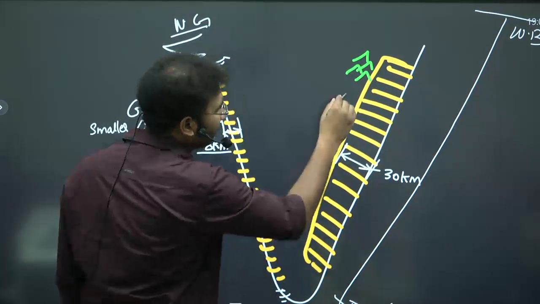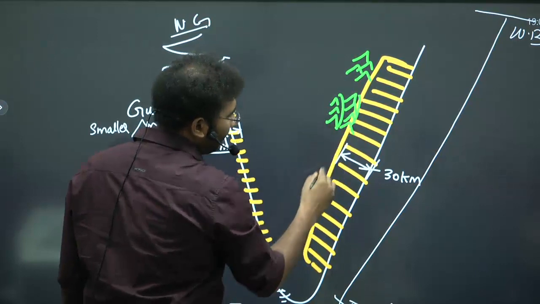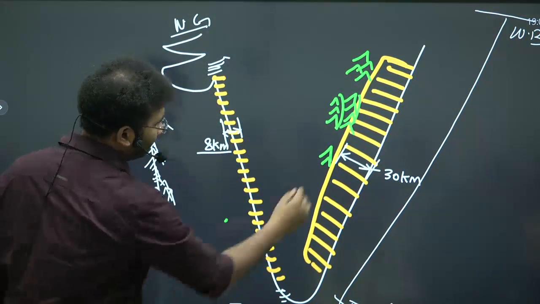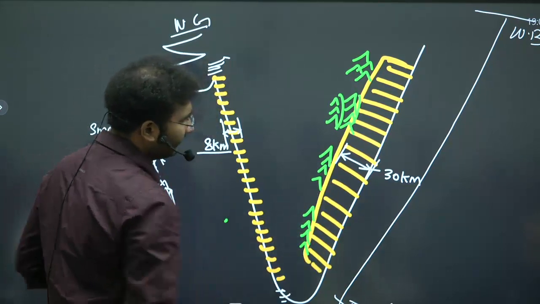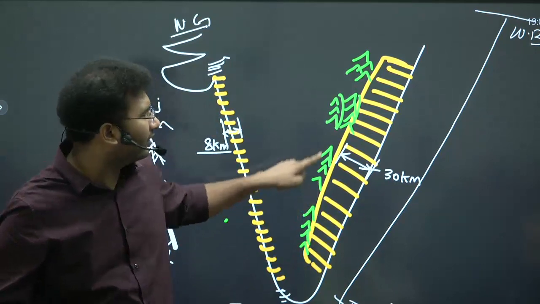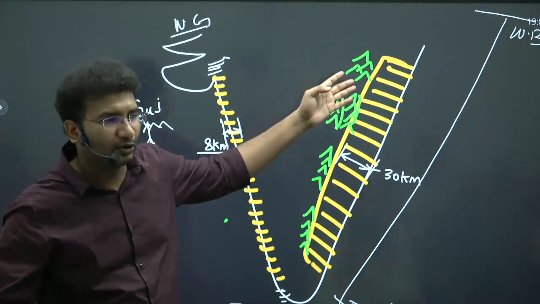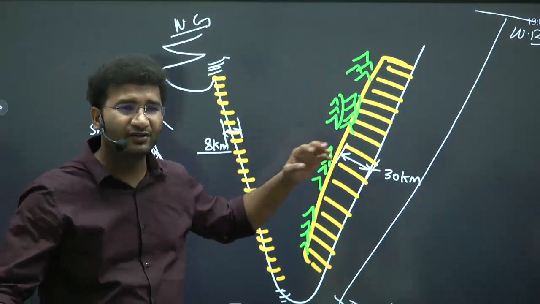A set of mountains here, a set of mountains in parallel chains, again a set of mountains here, again a set of mountains here. For example, this is Javadi, Shevaroy, Nallamala, Erramala. You have the Palkonda, Velikonda. These are smaller mountains. The height of these mountains is not too tall.